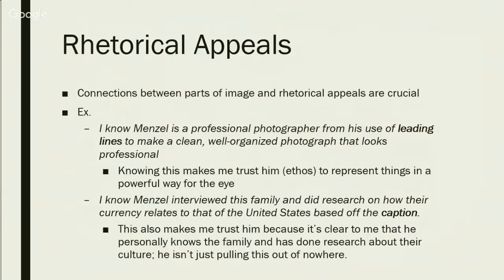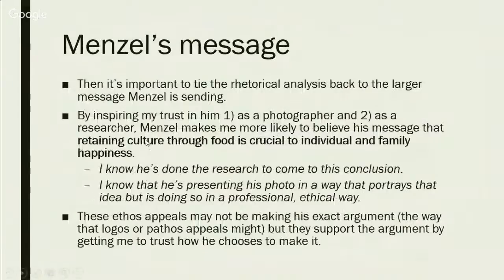I feel happy. I reflect that happiness back onto the family. And that helps make his appeal having to do with individual and family happiness, right? So that's an example of how that pathos appeal might be being made that has a clearer tie to the message that he's getting across.